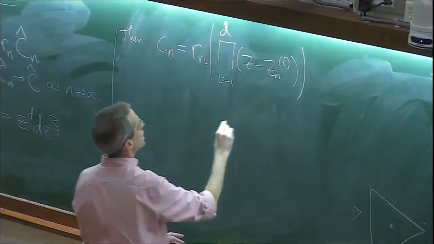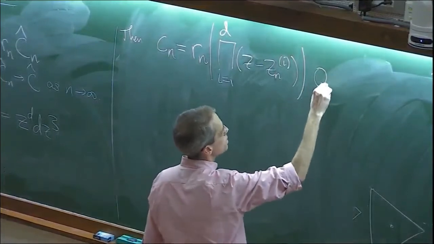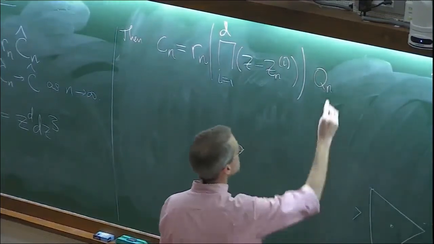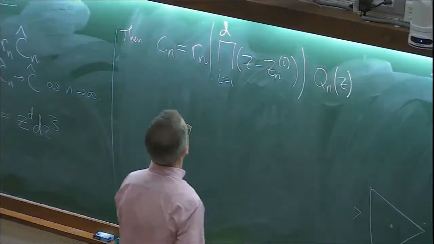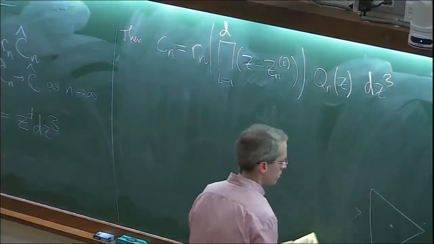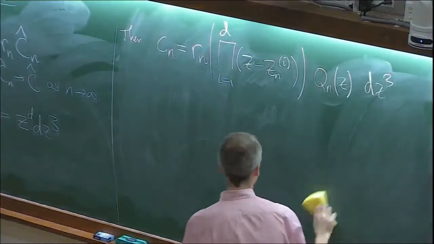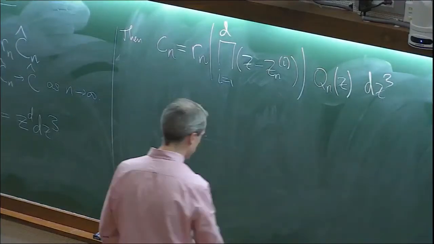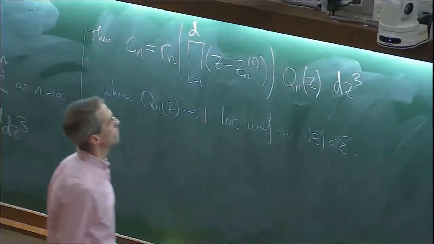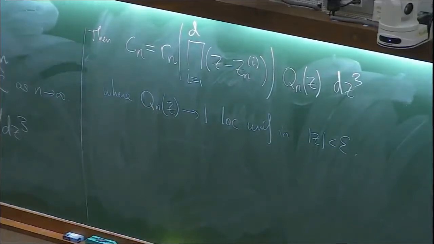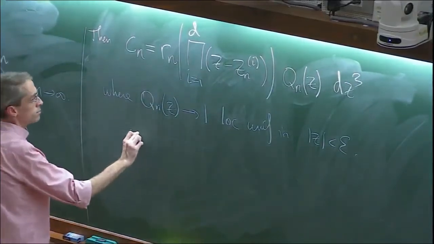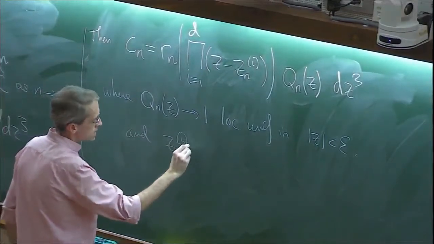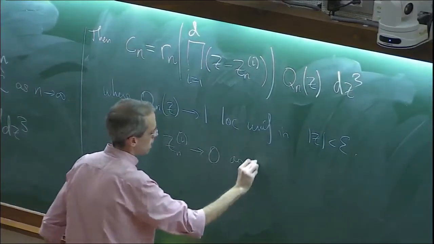Okay, so that accounts for the zeros near the origin, times some holomorphic function that doesn't have any zeros, Qn of z, all times dz cubed. This is where Qn of z converges to 1 locally uniformly in absolute z less than epsilon. And for each i, Zn converges to 0 as n goes to infinity.